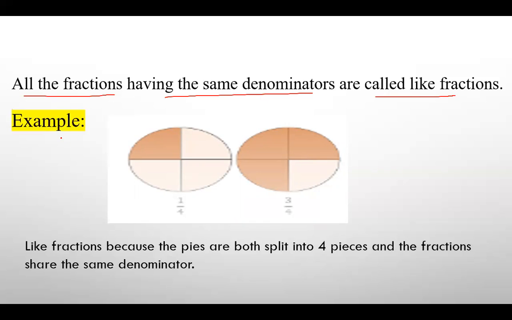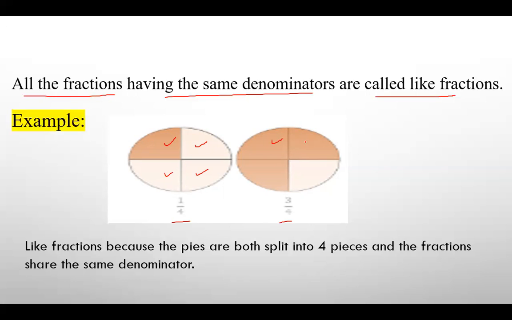So let's take an example. Here we have 2 pies and these are the whole part. To make like fractions, these pies are split into 4 pieces. As we can see, there are 4 pieces of the whole and the fractions share the same denominator.